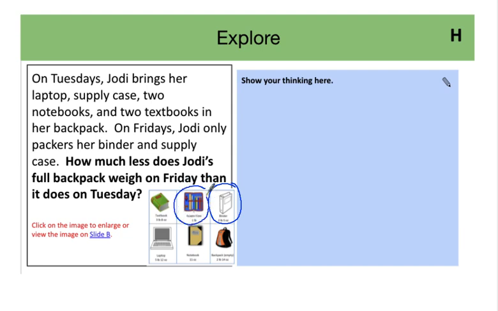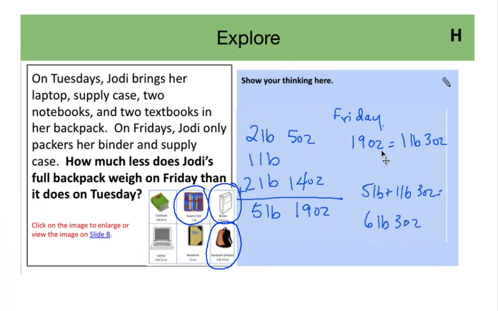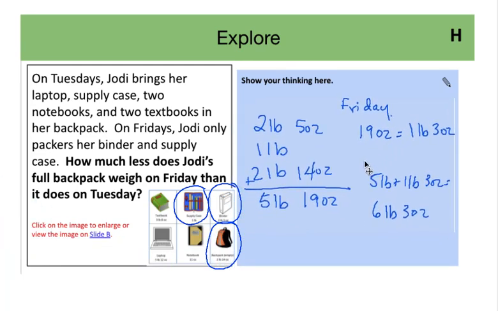And again, don't forget that backpack. I already did the math for that. And, okay, a lot less math here, right? We have that binder at 2 pounds, 5 ounces, that 1 pound supply case, which we studied a little bit before, and the 2 pound, 14 ounce book bag.